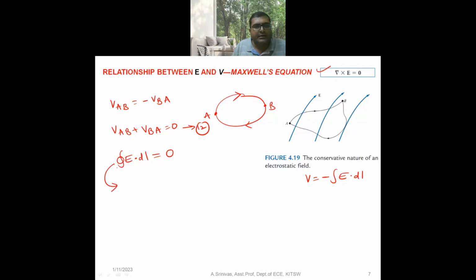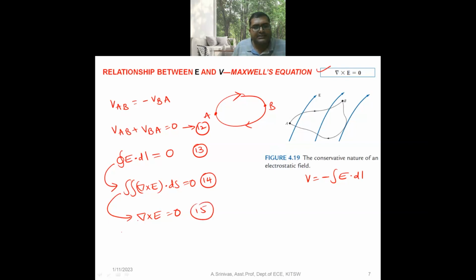By applying Stokes theorem to the closed line integral of E dot dl in equation number 13, it becomes the surface integral of del cross E dot ds is equal to 0. From this we can write del cross E is equal to 0.